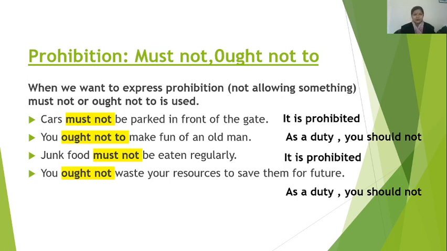You must not do this means morally you should not follow, but yes, once or twice can be accepted. But when I say you ought to do this or you ought not to do this means उसको उसी समय नहीं करना है. That should not be done at all.